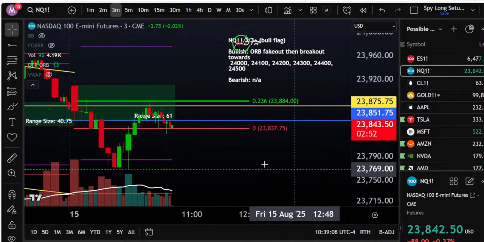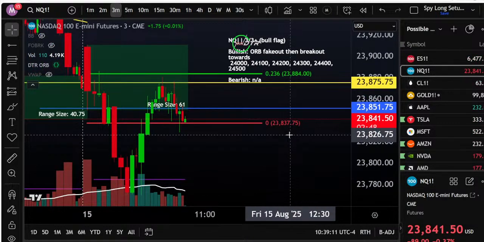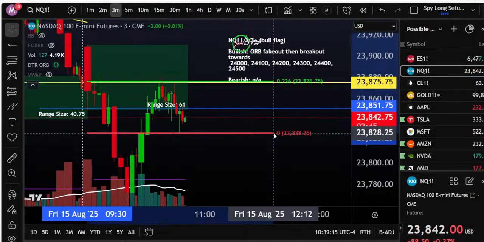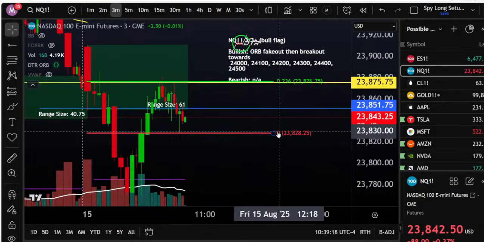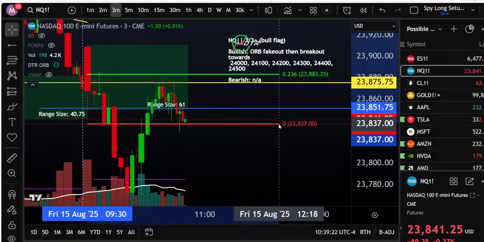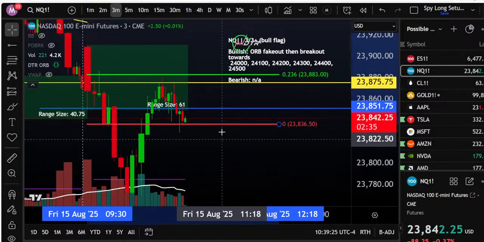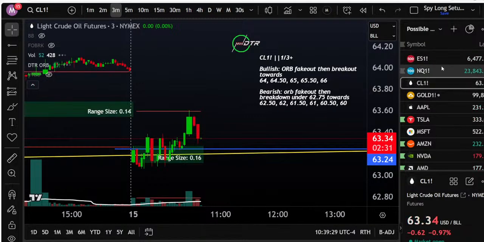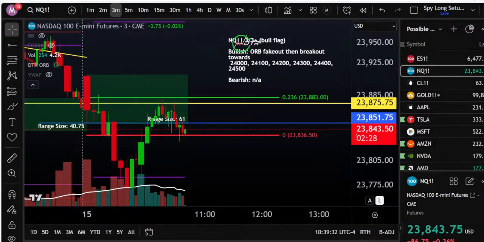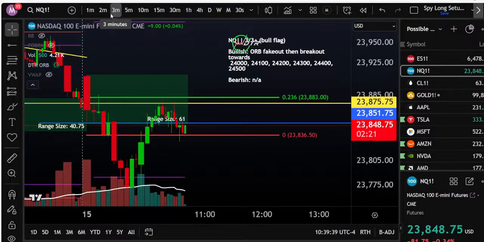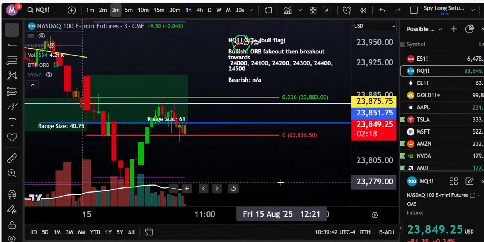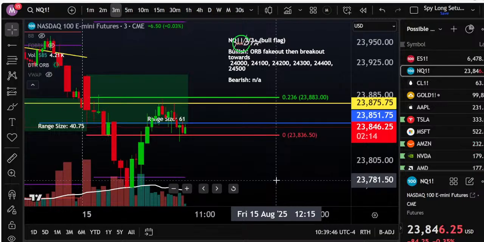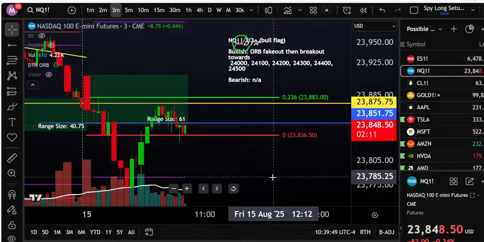Here's maybe your confirmation that bulls are back in control post pullback. Okay, this would be a 936 stop loss now.